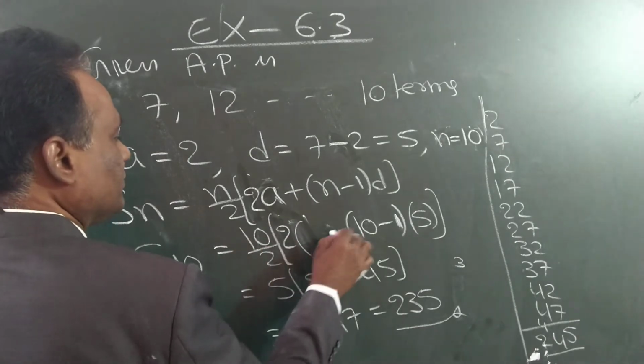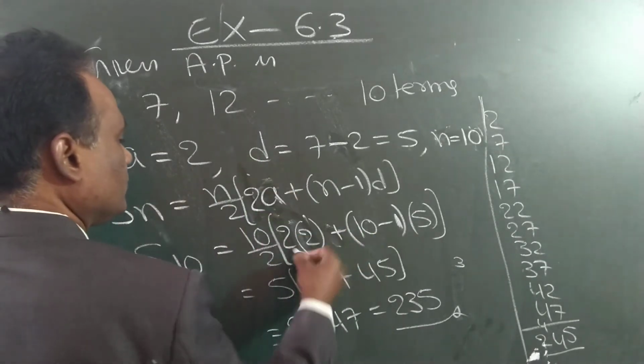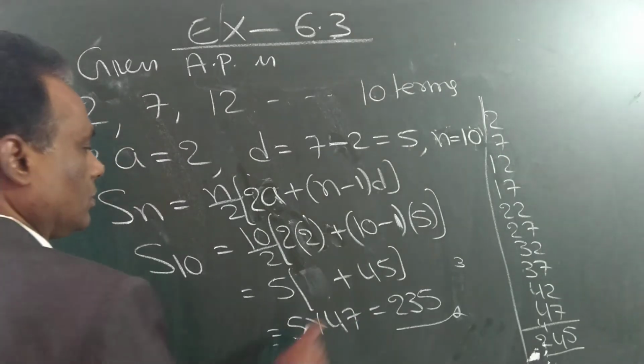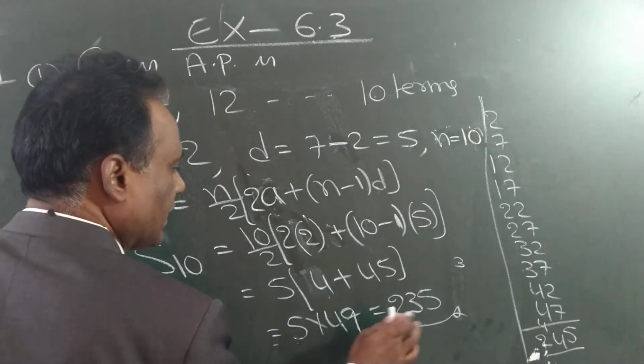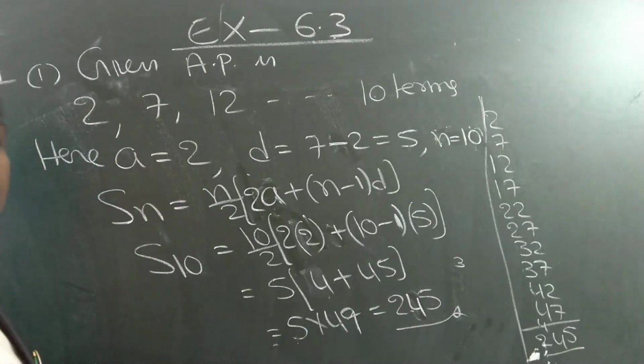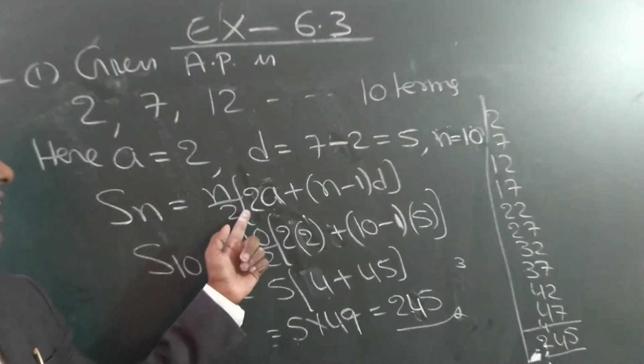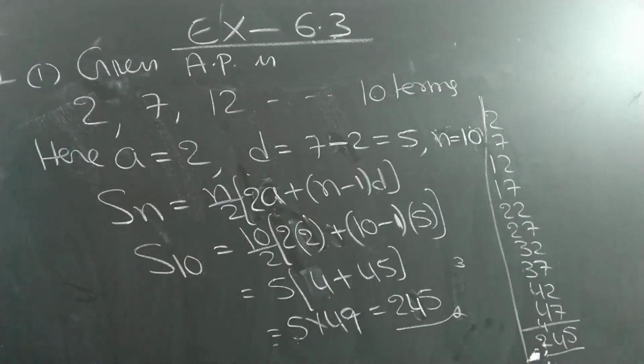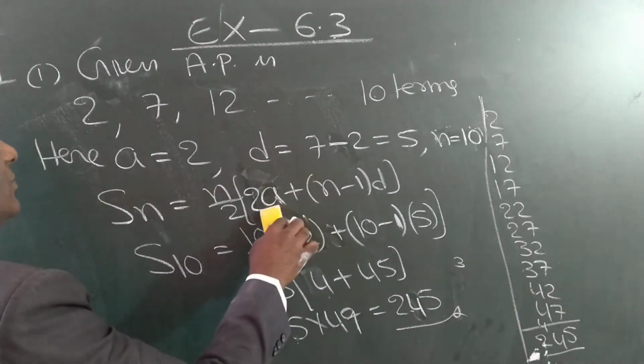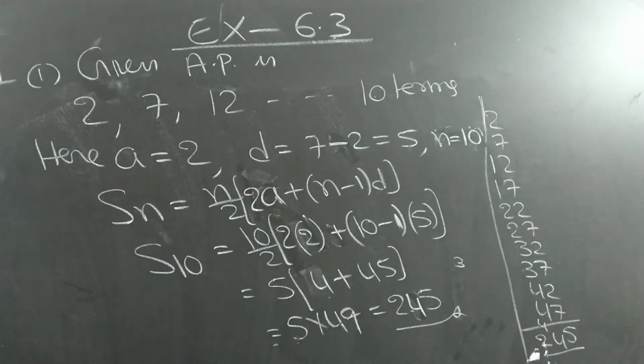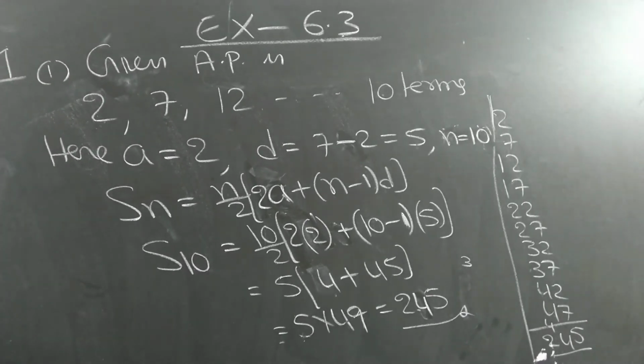I wrote a, but this is not a, it is 2a. The formula is 2a plus n minus 1 into d. Just now we derived it, and I named it formula number 1 also.